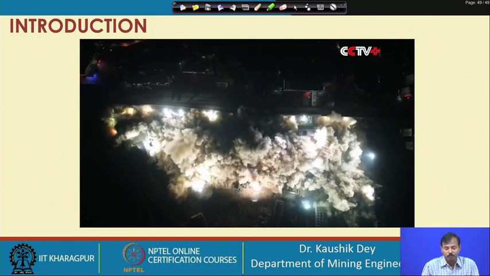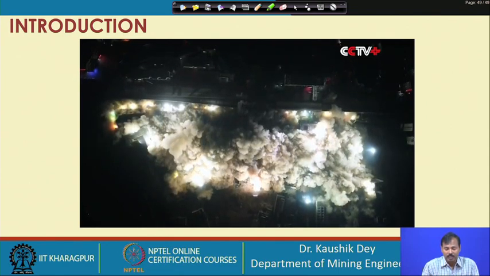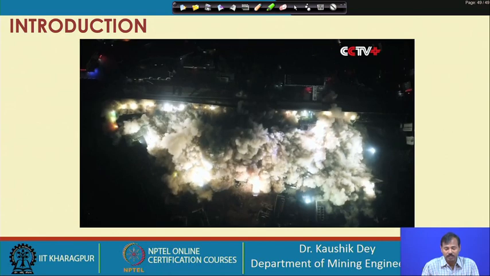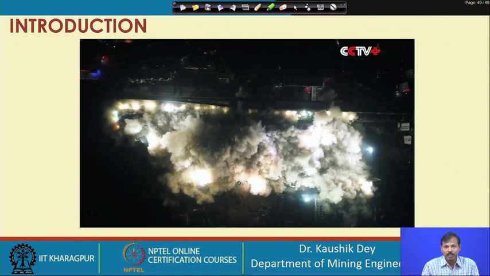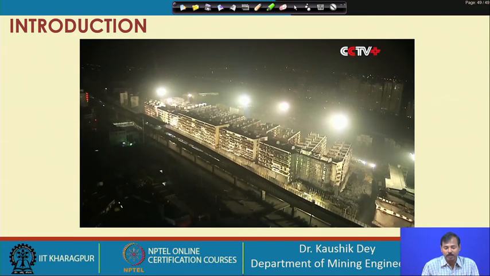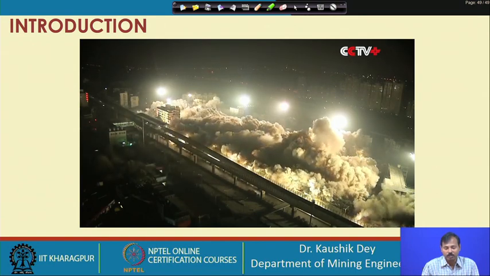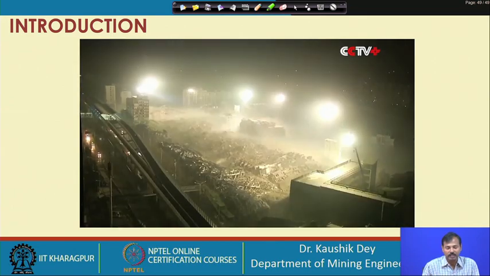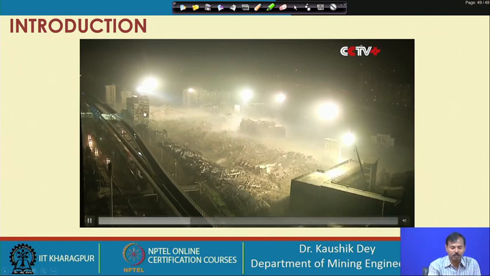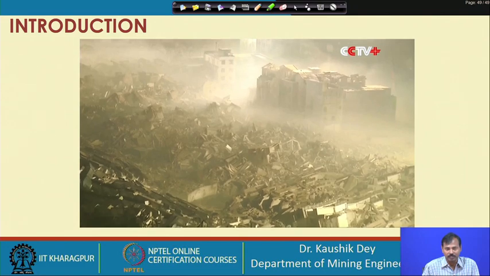Almost a few thousand houses are demolished here, high rise buildings are demolished with simultaneous blasting, and you can see if it were carried out manually, this may take huge time, but as it is carried out using blasting technology, the complete structures are demolished within a few seconds, and you can see almost all the structures are demolished except one, which was unable to be blasted because of some other reasons.